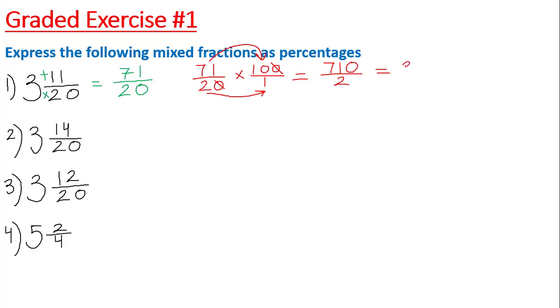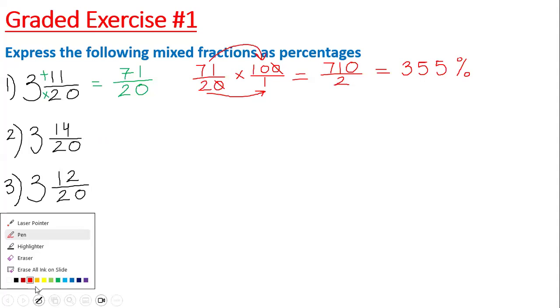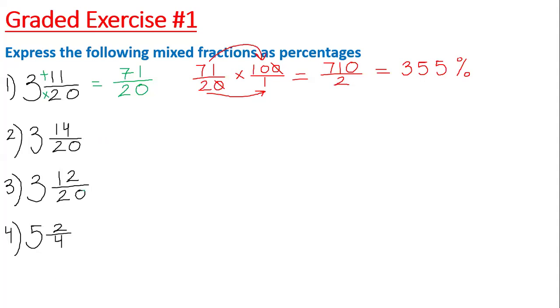So 355%. Good. And then we have number 2, which is 3 and 14 over 20.